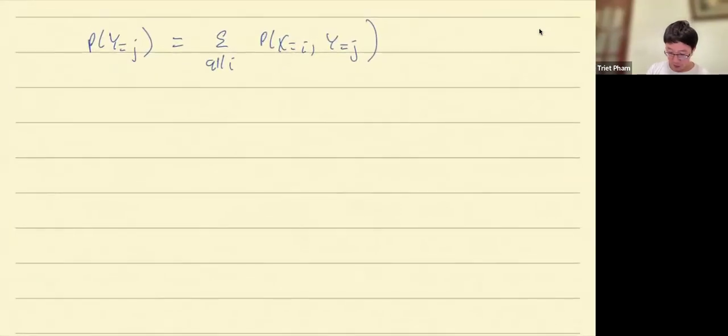So let's start with one question, 6.1.A. Two fair dice are rolled.